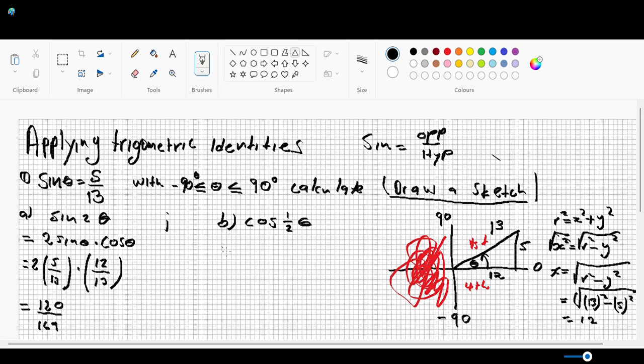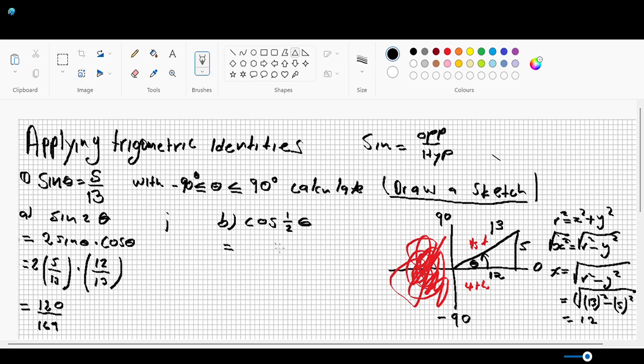Now what about B? How do we solve B? Now with B also, this is an identity. As you can see, this is a half angle identity. Again, I also derived the half angles for you guys to know them. So if you haven't watched, go and watch the video.